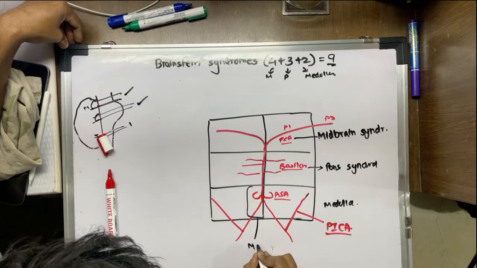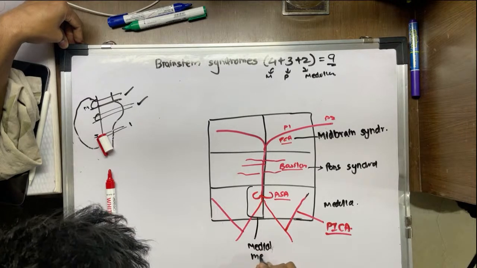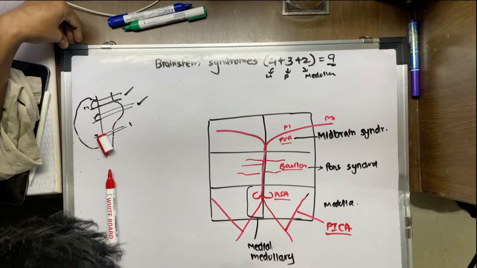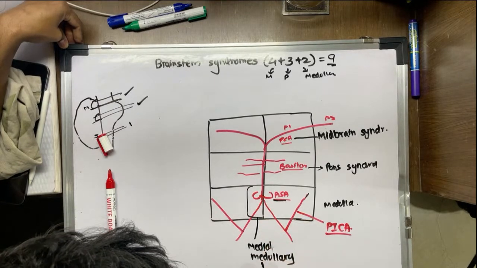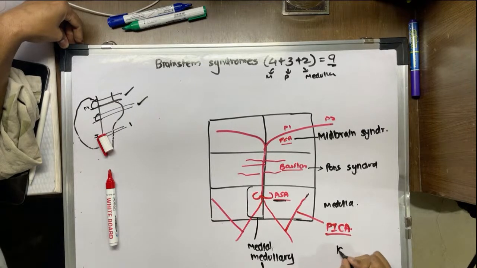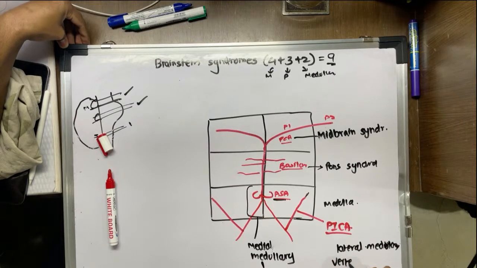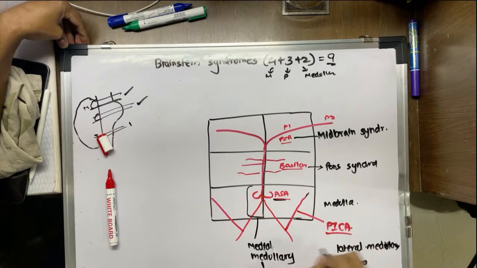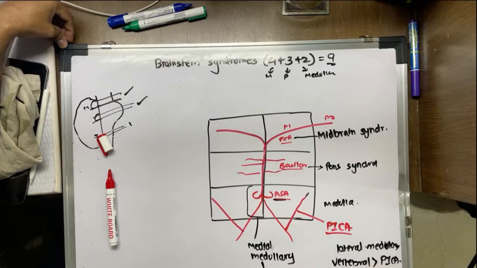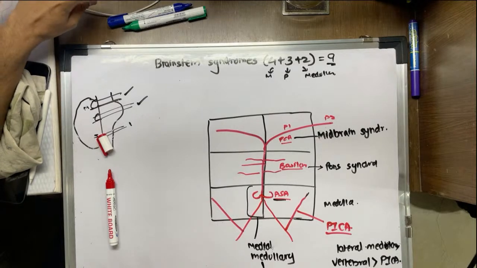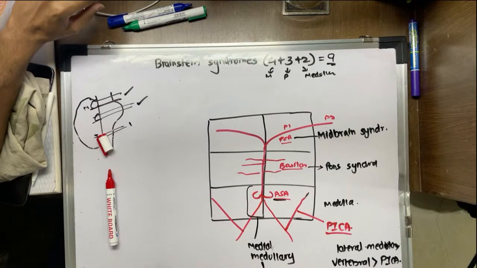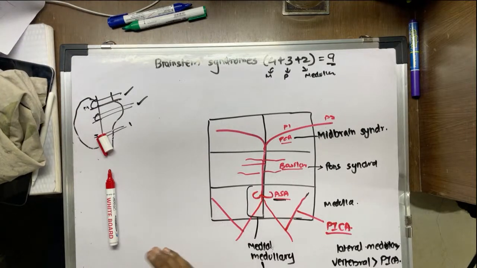So medial medullary syndrome is because of the anterior spinal artery, and lateral medullary syndrome is, actually, because of the vertebral artery, but if vertebral artery is not an option, the answer is PICA. So this is one way to remember all the brainstem syndromes, and it's very simple.